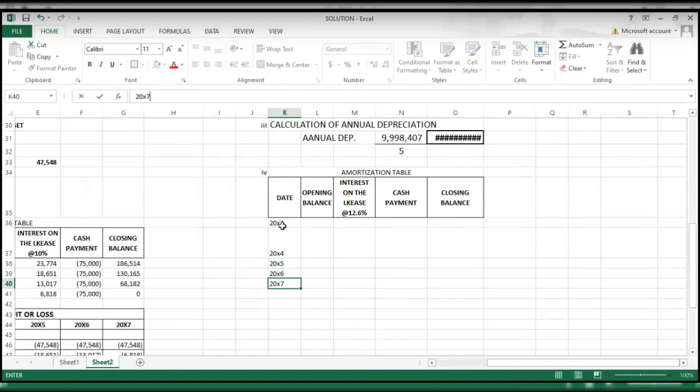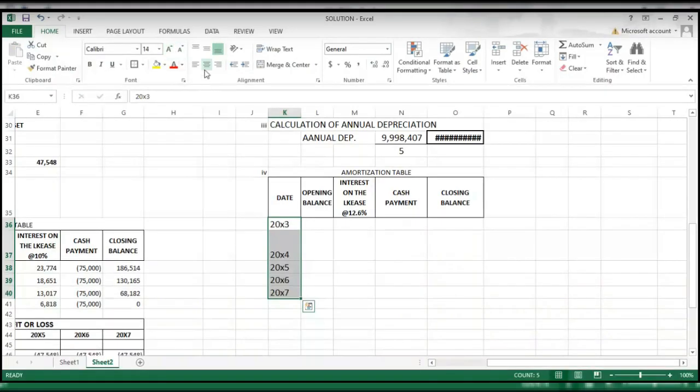It's 5 years. The lease payment is 5 years. So that is it. Now that we have the years put, what is the opening balance of the lease liability?